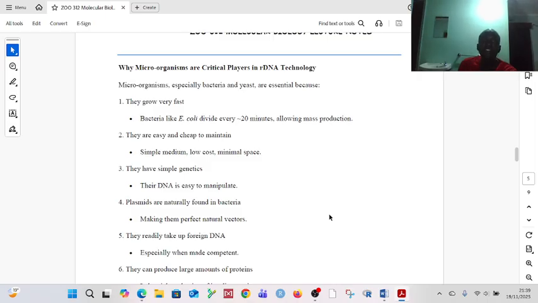There are also ways in which microorganisms can take up foreign DNA readily. When a cell takes up foreign DNA, then we say that cell is competent. So microorganisms can readily take up foreign DNA.